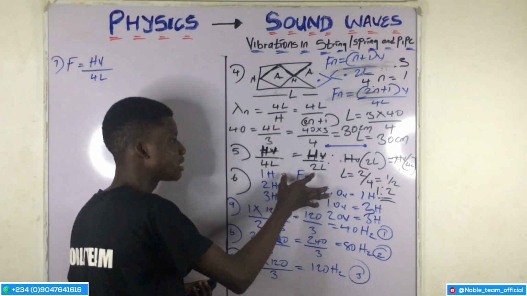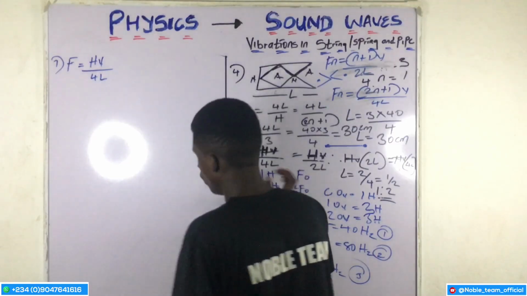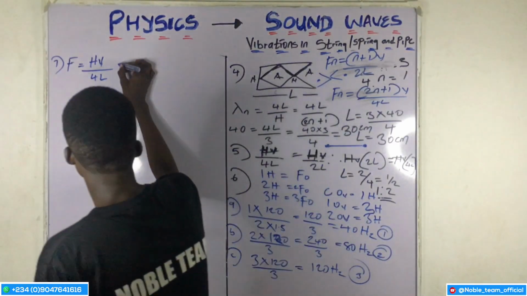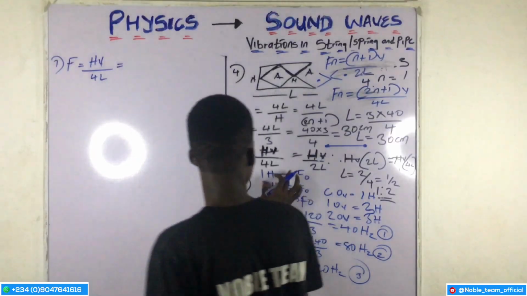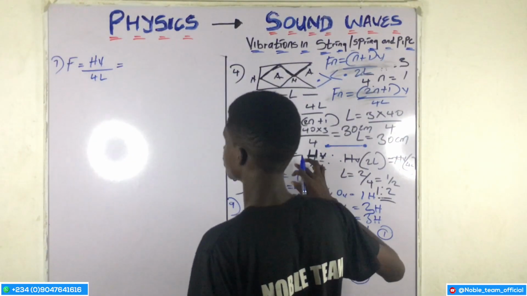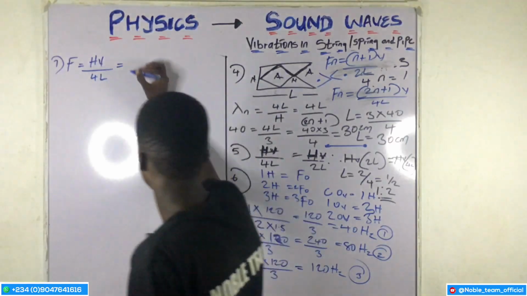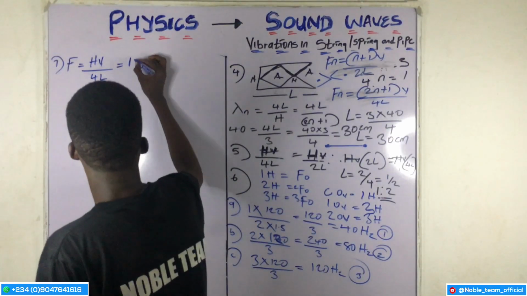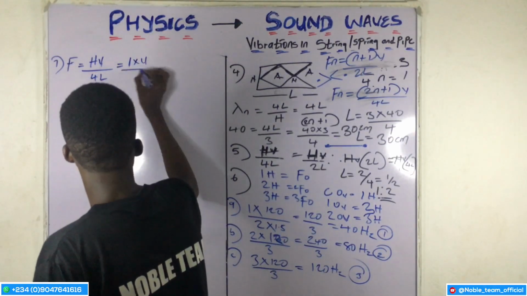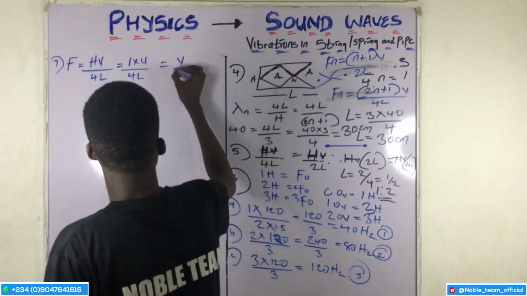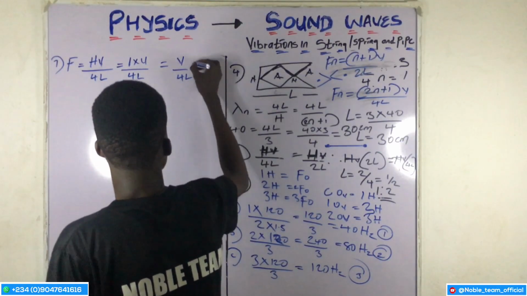Now, since 0 overtone is equal to 1 harmonic, we can also say that 1 harmonic is equal to the fundamental frequency. Since they say that it is the fundamental frequency note, our harmonic is going to be 1, times V divided by 4, and our length is also L. So it's V over 4L, and this is your final answer.